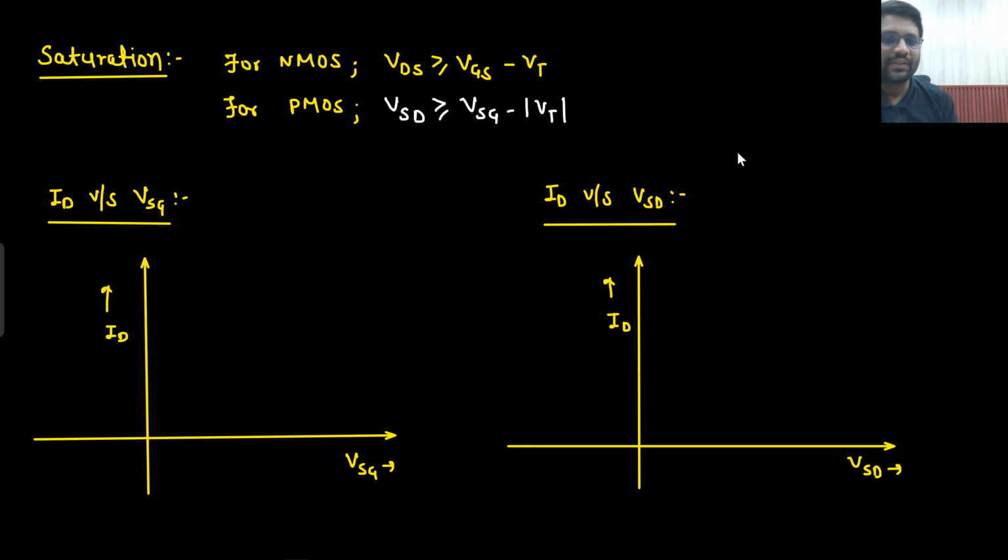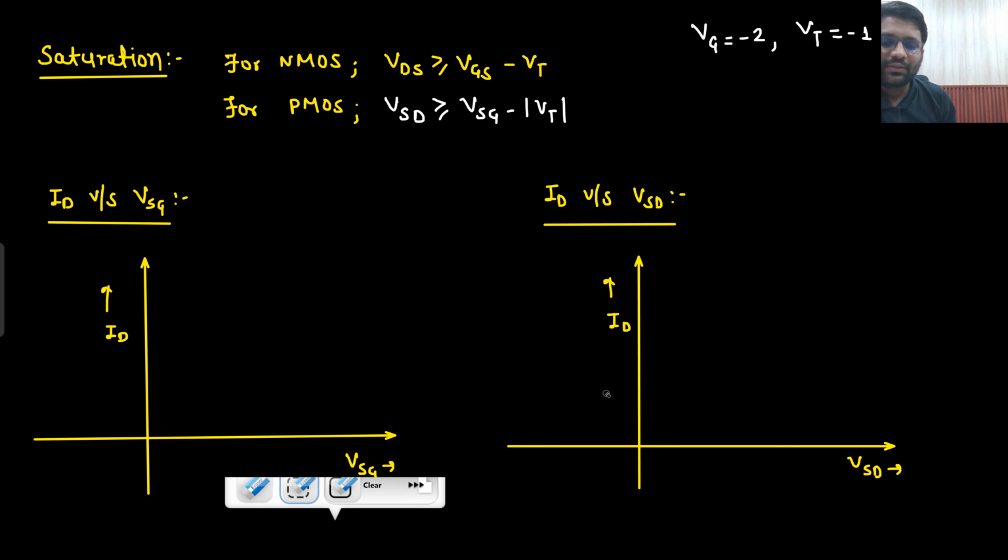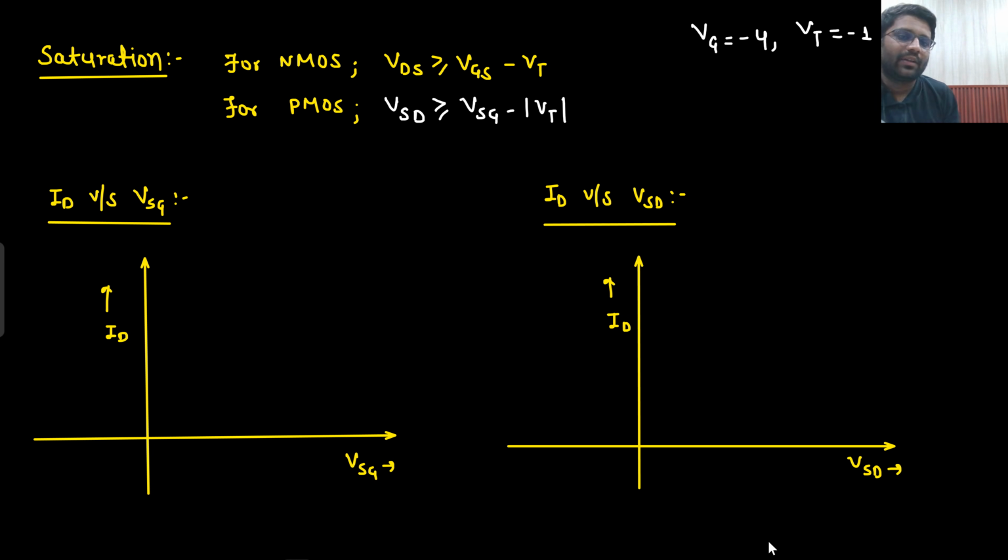Can we verify it? Let's verify it. Let's just say I applied VG to be minus 2 volt and my threshold was minus 1 volt. Or let's just say I applied VG to be minus 4 volt.